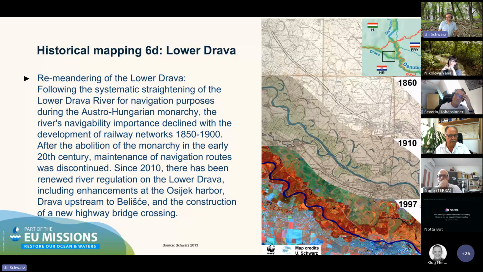So we are 25 years later, and in the last decades, or 15 years, we get some river regulation again, we get a highway bridge crossing. So there are some more deteriorations again. But until 1997, the river really started to re-meander. So this is a very impressive example, in my opinion, also nicely showing this in the historical sequence.